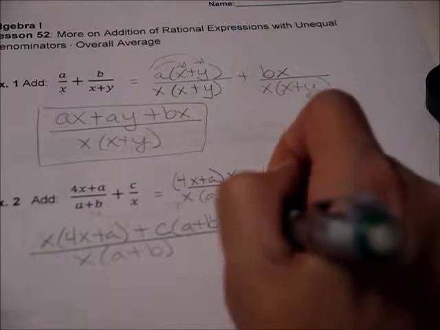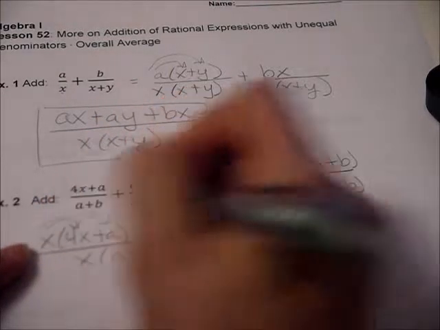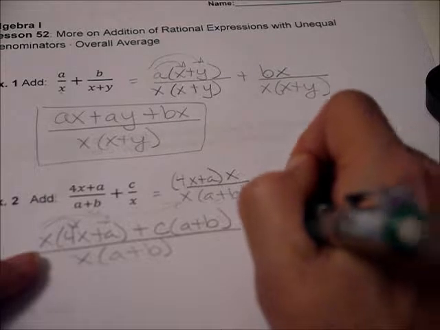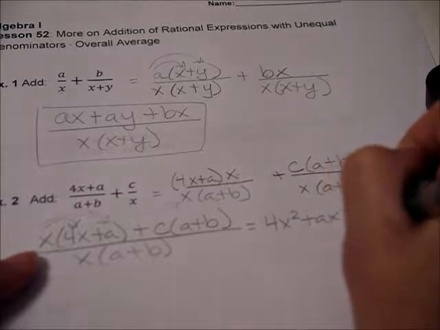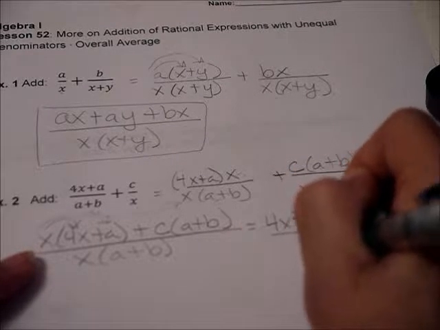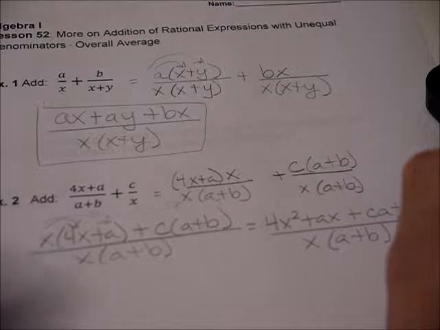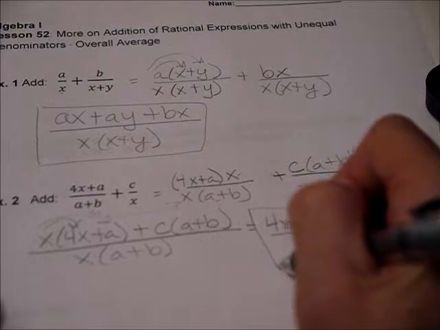Then we simplify the top by distributing through, getting rid of parentheses. What that turns into is 4x squared plus ax plus ca plus cb, all over x times a plus b. And as ugly as that is, it's our final answer.